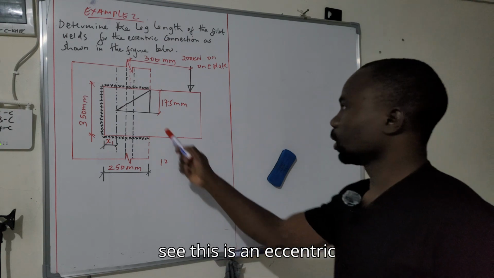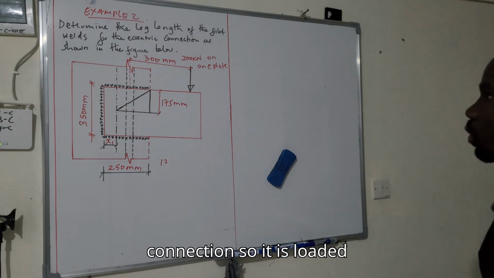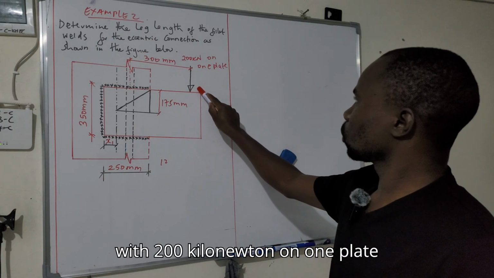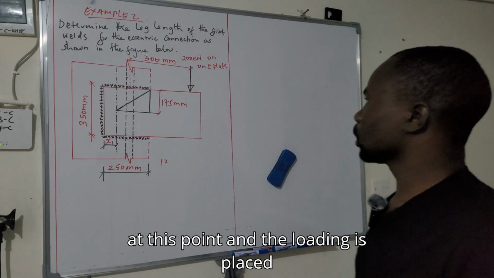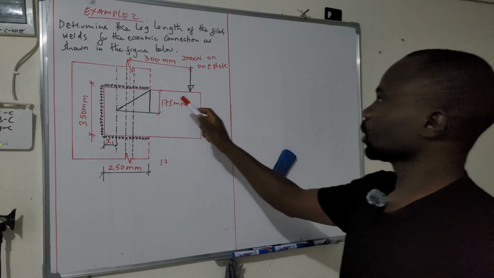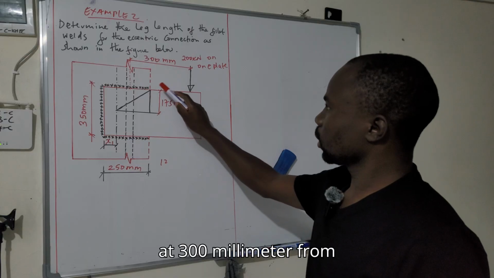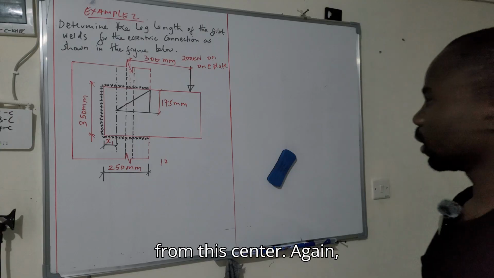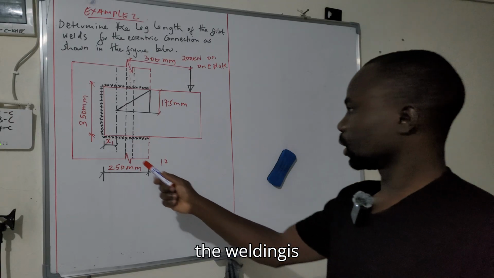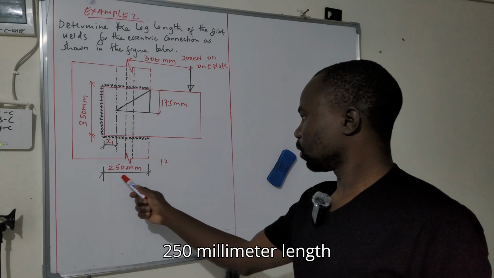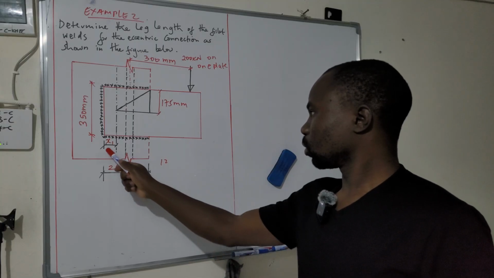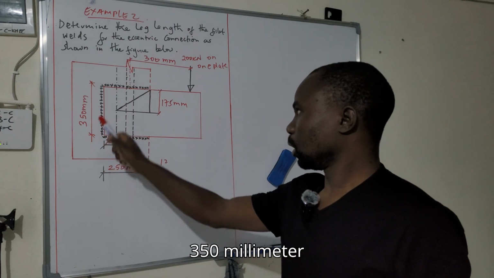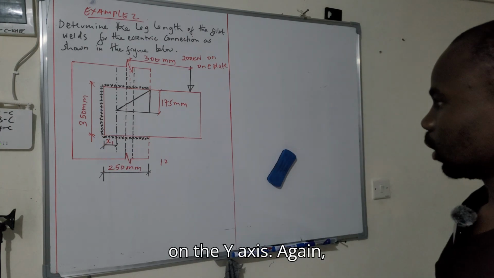As you can see, this is an eccentric connection. It is loaded with 200 kilonewton on one plate at this point, and the loading is placed at 300 millimeter from this center. Again, the welding is 250 millimeter length on the x-axis and 350 millimeter on the y-axis.